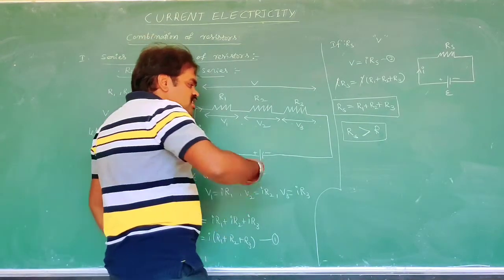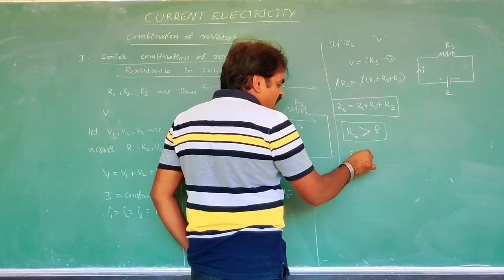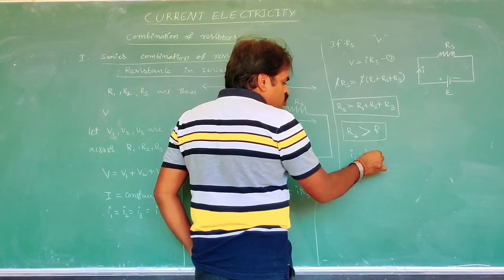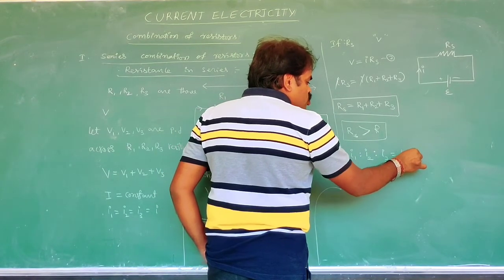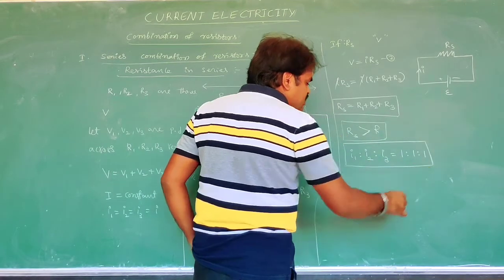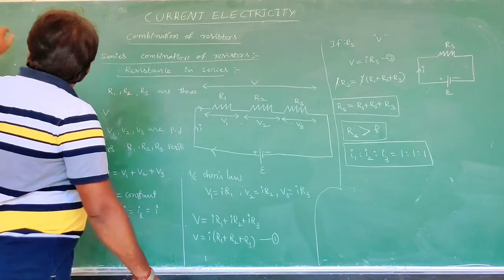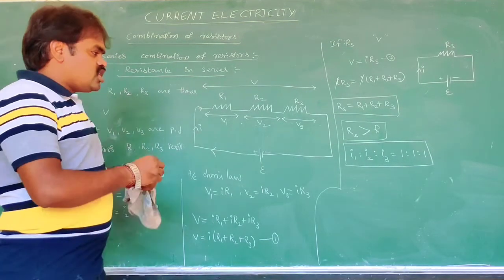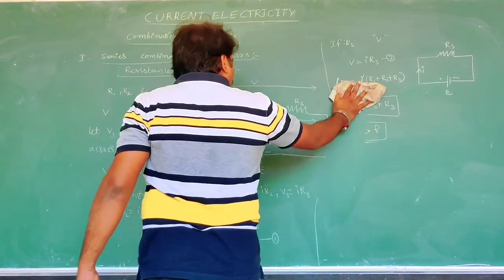That means the ratio of currents in the series combination of resistors, I1 is to I2 is to I3, must be equal to 1 is to 1 is to 1.